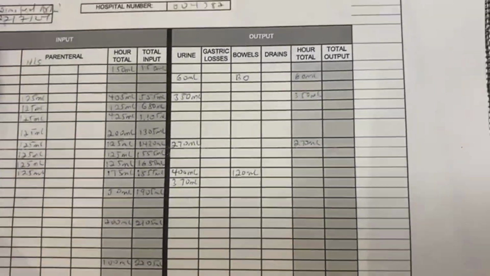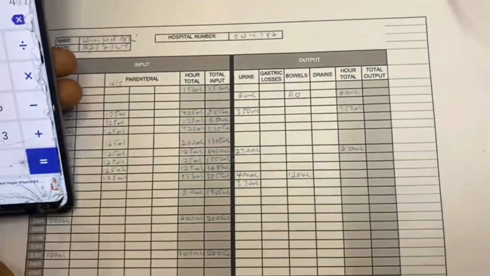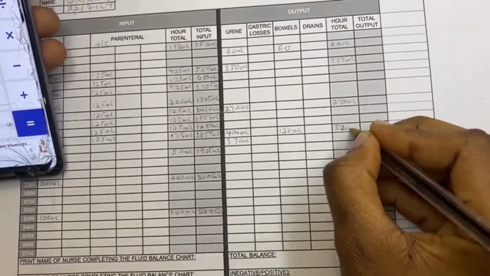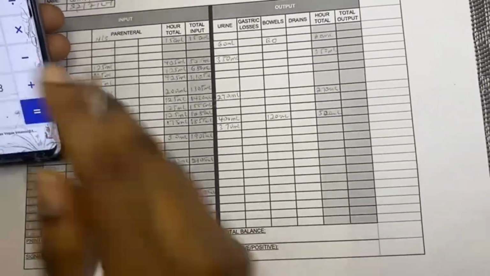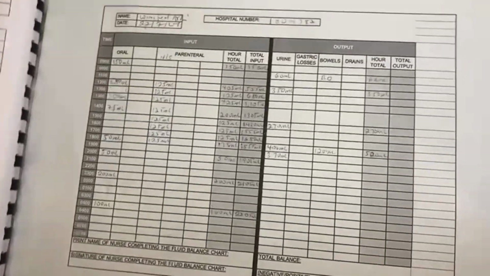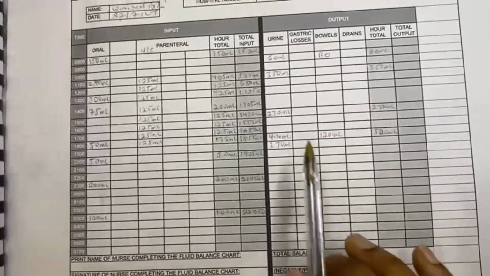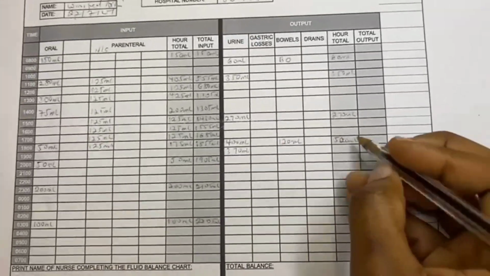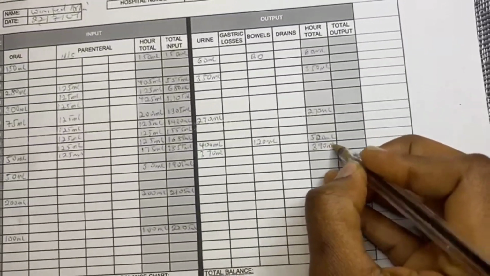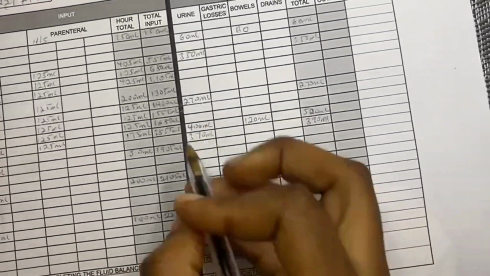That's 400 plus 120, which is 520 mils. Then the last one will be the urine, which is 390 mils. Since there's nothing to calculate here, you just write the same thing there.